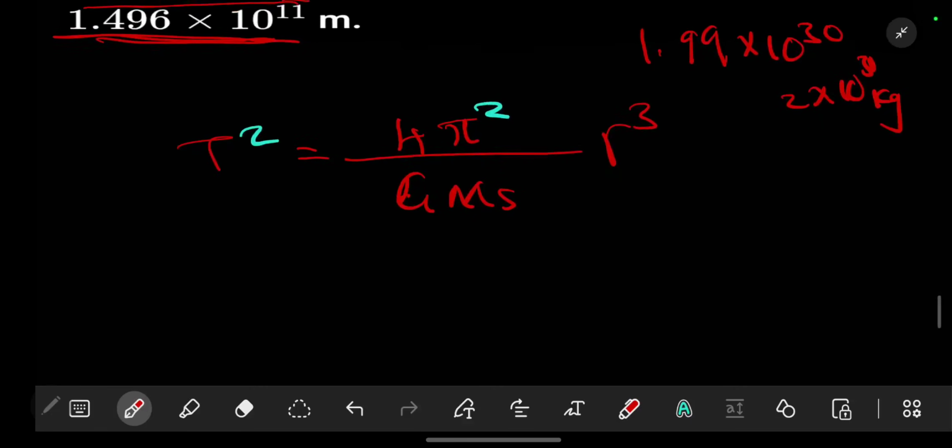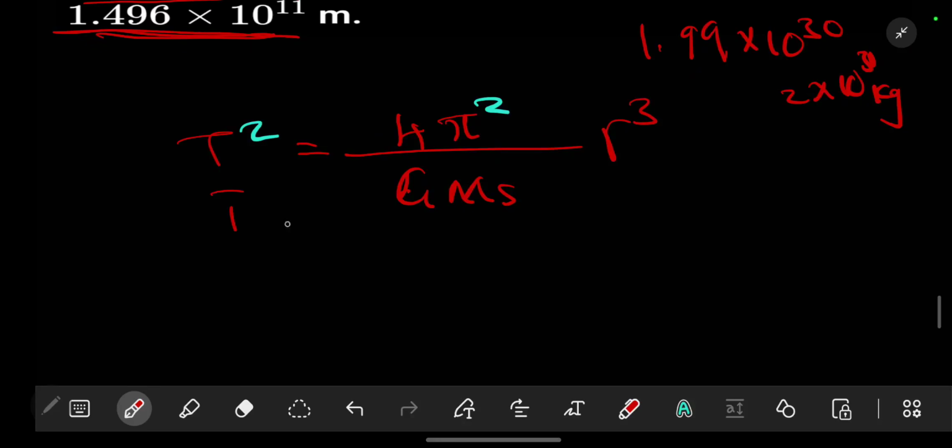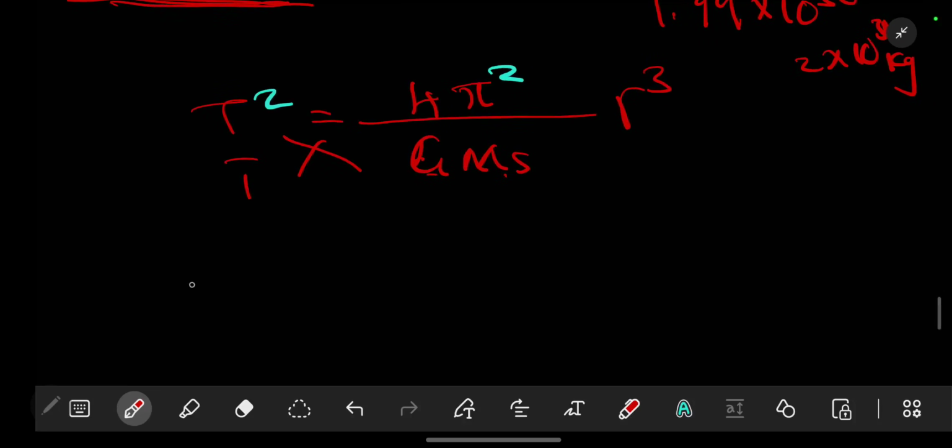So let's make the mass of the Sun the subject of the formula. We are going to cross multiply. So T squared times GMS should be equal to 4 pi squared r cubed, since the 1 doesn't change anything.